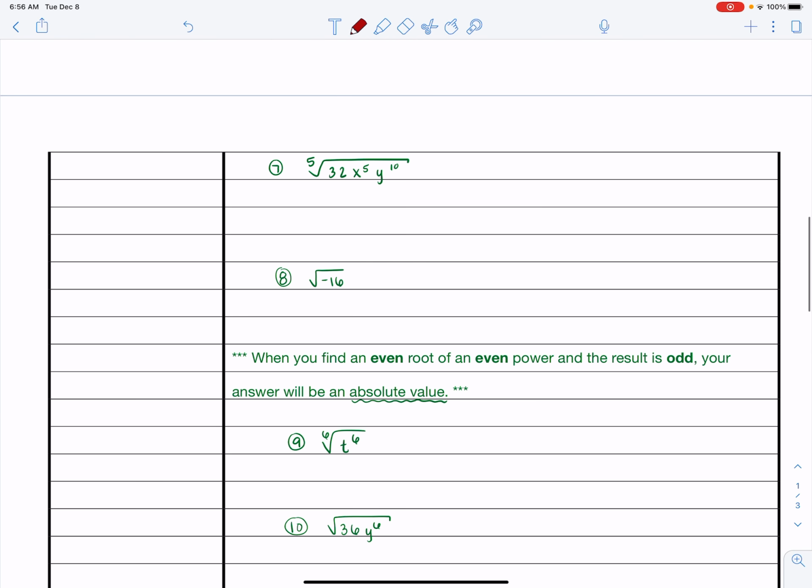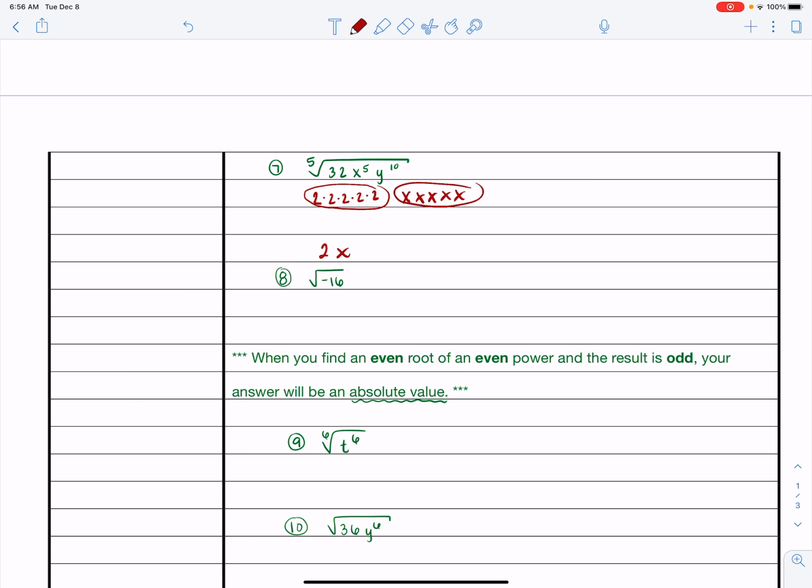All right. The 5th root of 32x^5y^10. Again, I've done some research and figured out that 2 times itself 5 times is 32. So I have a group of five 2's to get the 32, so I have a 2 outside. x^5, 1, 2, 3, 4, 5, that's one group of x's.